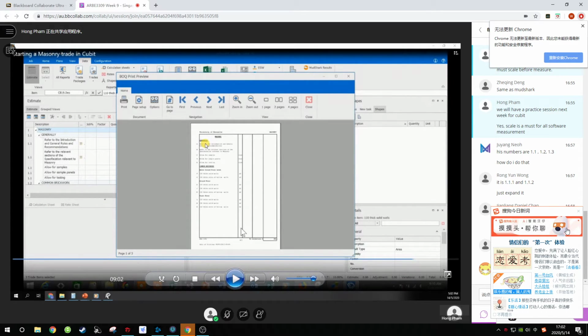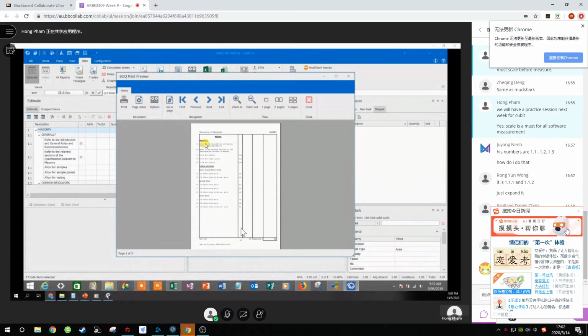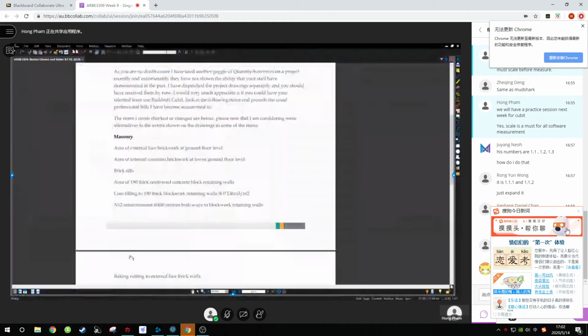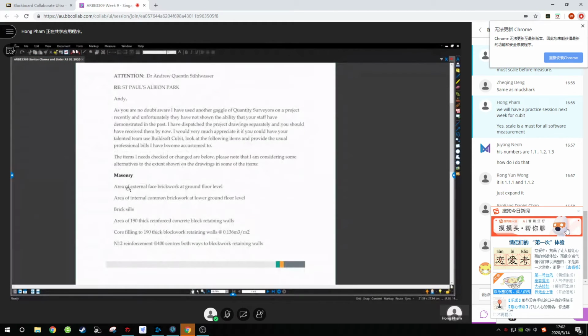How do we include the items in the letter? Okay, Chen Ling, you're asking a very important question. Basically in the client letter it is this: you have external face brickwork, internal common brickwork, at lower ground floor levels.